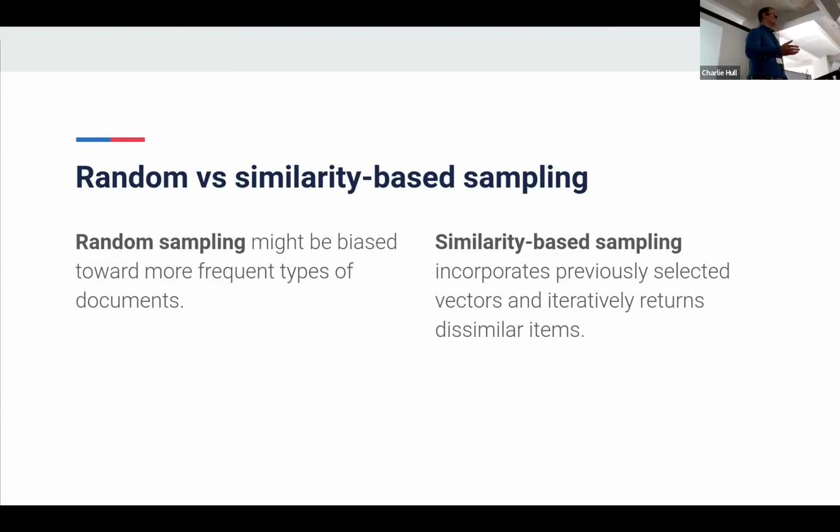So this is a naive approach that won't work that well, but there is also another similarity-based sampling in which you are performing a sequence of actions. You are selecting an item, and then in another iteration, you are just selecting another item which won't be that close to the already selected items, and that continues until you reach the expected number of results that you wanted to return.